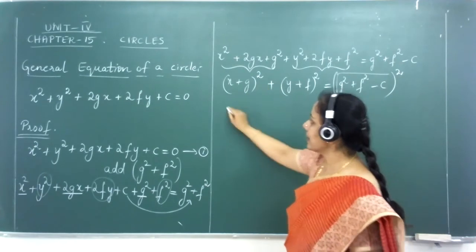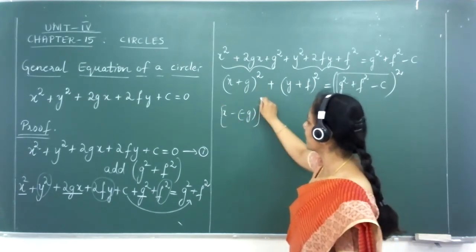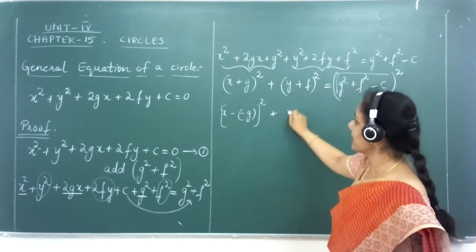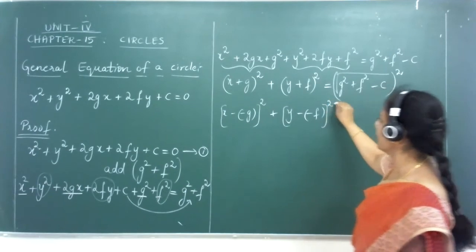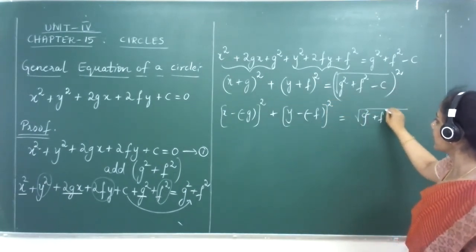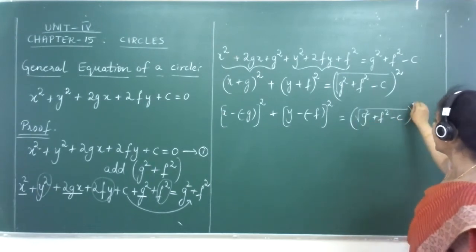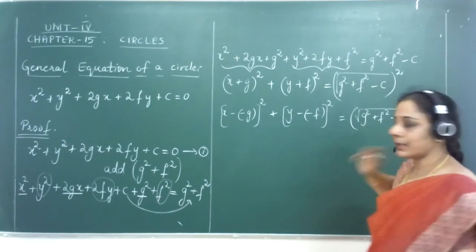Now x plus g the whole squared is again rewritten as x minus of minus g the whole squared. y plus f is rewritten as y minus of minus f the whole squared, which now is equal to root of g squared plus f squared minus c the whole squared. Now what can we say about this particular equation?